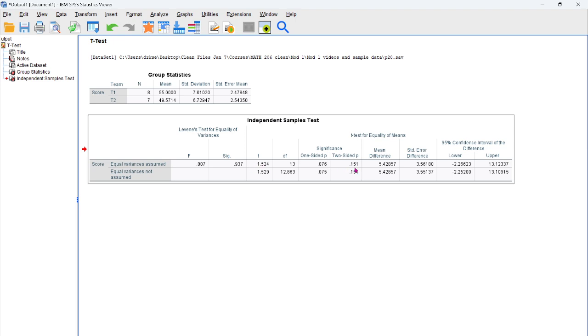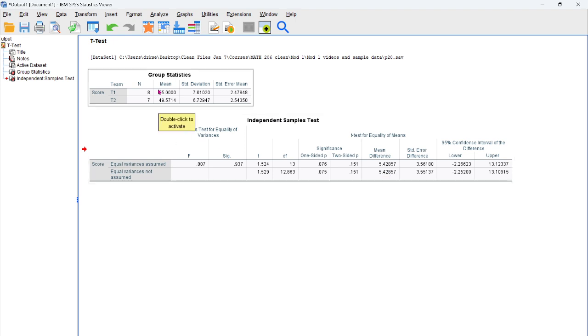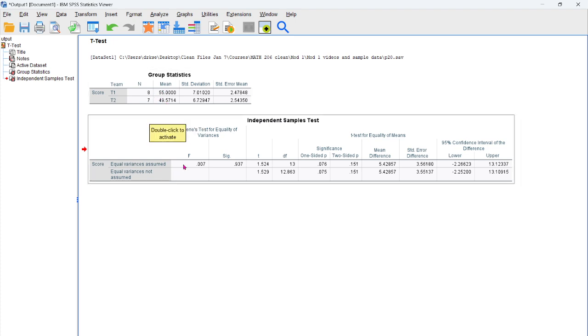The p-value is 0.151, and the confidence interval, when you look carefully, contains 0 because it's minus 2.2 to 13.1. So the conclusion here is that there is no significant difference between the groups, even though there's a mathematical difference. In terms of statistical significance, there's no difference between the teams and their golf scores. Levene's test shows no difference in the variability.